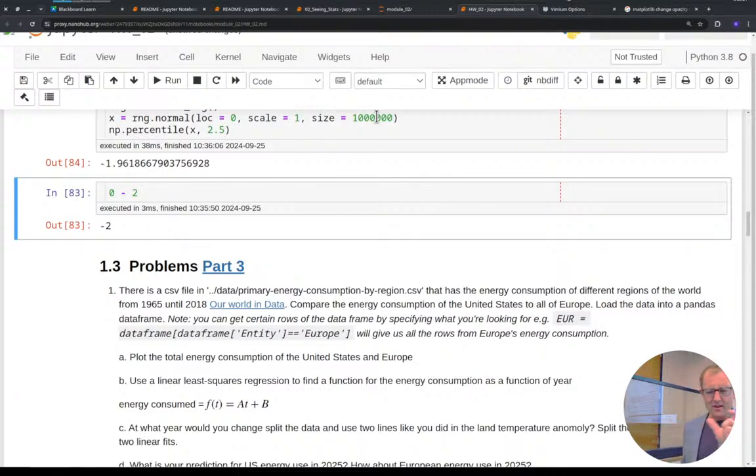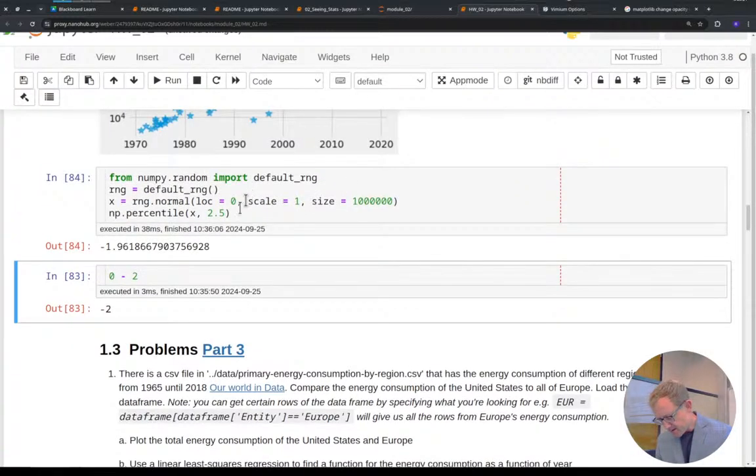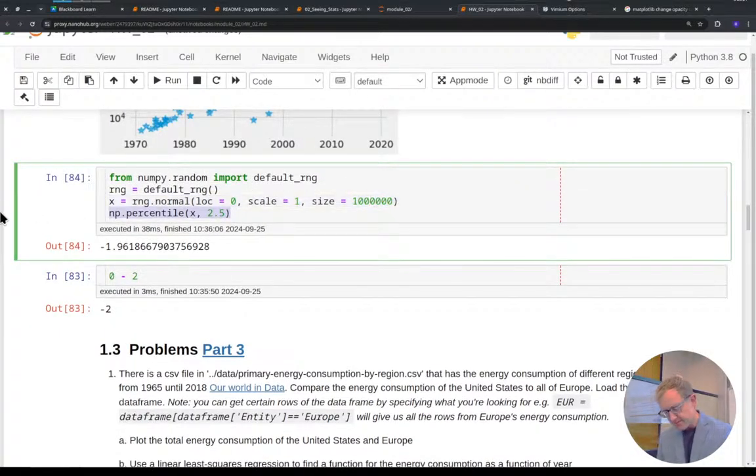And if you're joining online, we're just playing around with what this percentile function is and trying to figure out what the outputs are. So it takes a data set, and if you ask for 2.5, it gives you the number that is closest to 2.5% of the range of that sorted data.